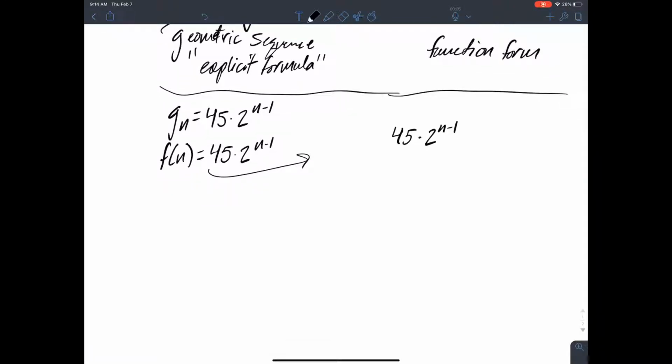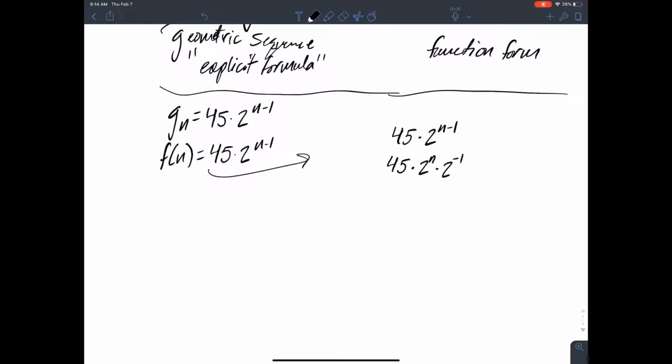And using the rules of exponents, specifically the product rule of powers, we can rewrite this as 45 times 2 to the n times 2 to the negative first power.